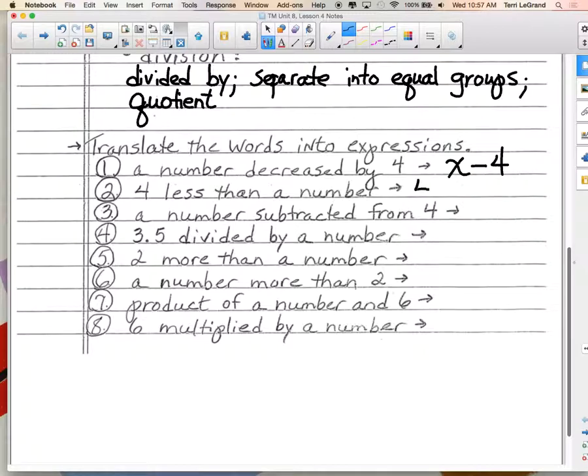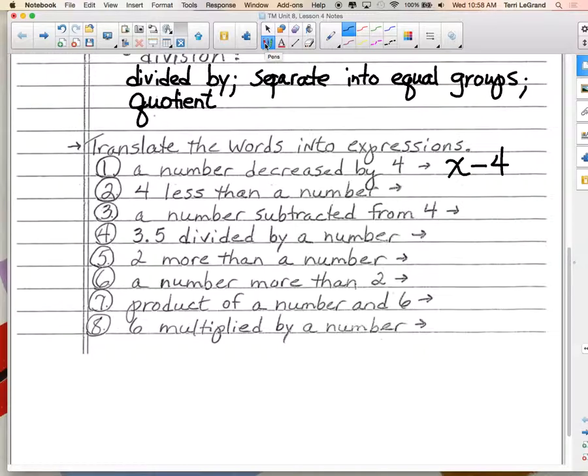So is this the one that I get to write 4 minus x for then? Yeah, that's, you know what? Lots of people are tricked into thinking that, but that's a no. Sorry. It's the one set of words for subtraction that is very tricky. 4 less than means 4 needs to get subtracted from.